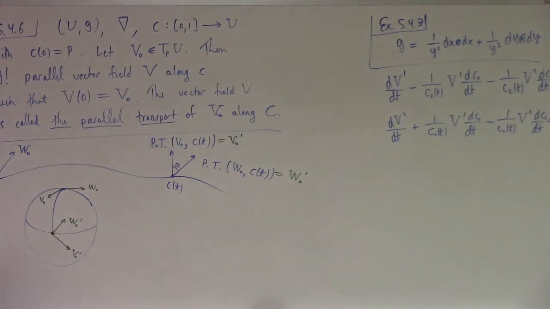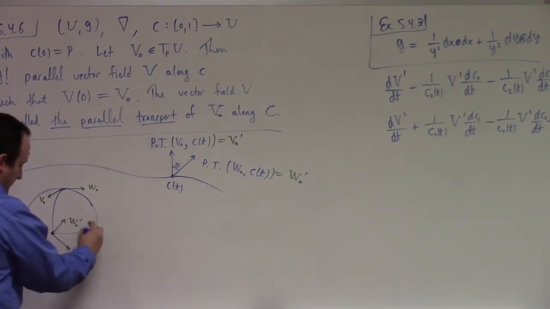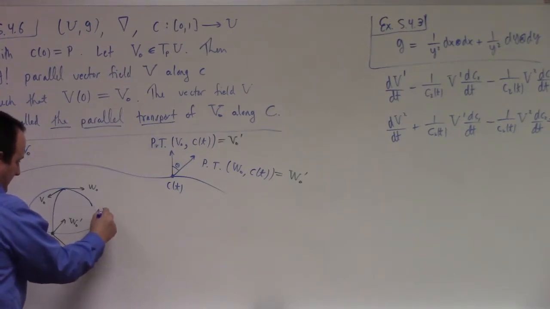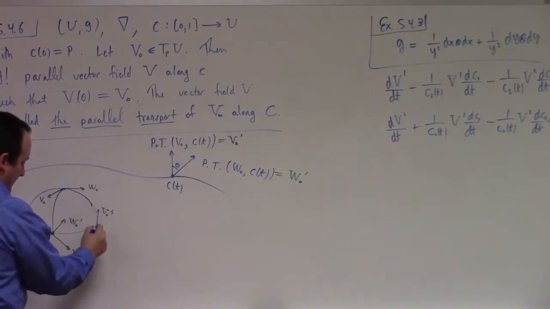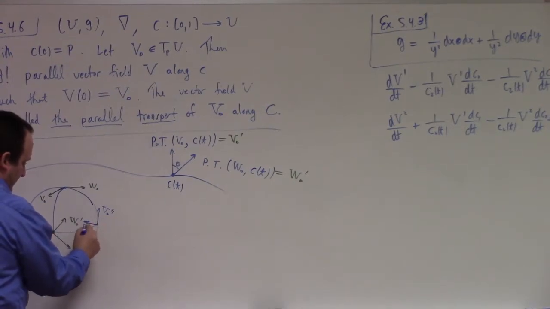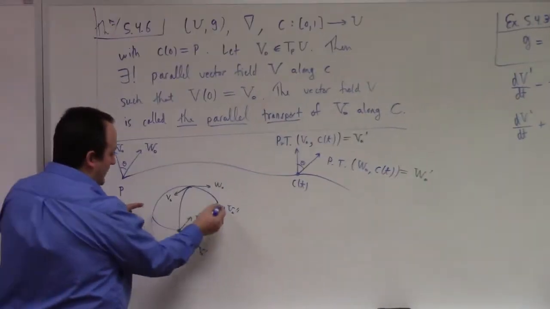And then you can keep going, transporting those over to here. It's V naught prime prime and W naught prime prime, not to scale. And then you could think about transporting them back.